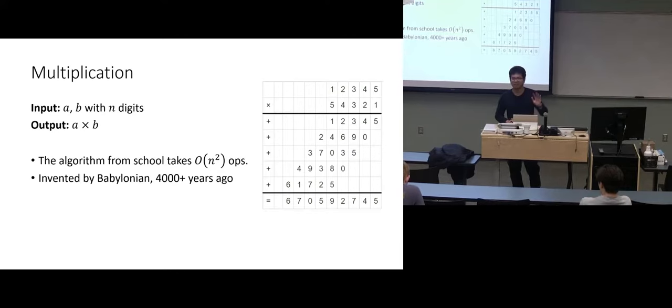But whenever we have any task, the point of algorithm design is always this: can you do it faster? This is a basic task and it has been done for thousands of years, but you can always ask: can you do it better?